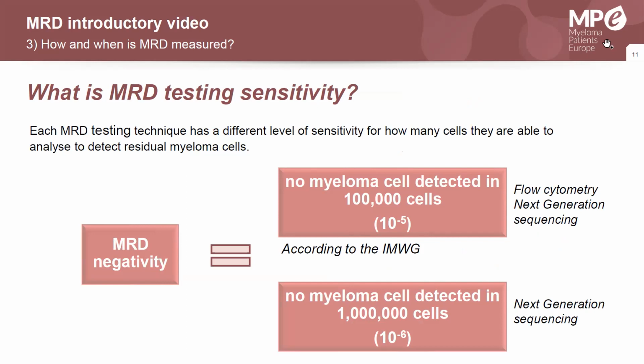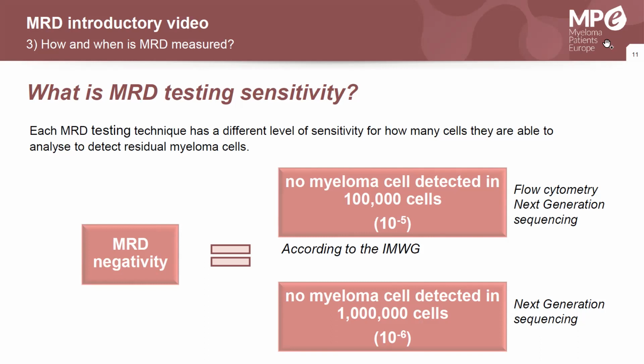This can also be written as MRD negativity at the level of 10 to the minus 5. Some tests can detect MRD negativity at the level of 10 to the minus 6. This means that no myeloma cells were detected in 1 million cells. Next generation sequencing techniques are sensitive to this level.